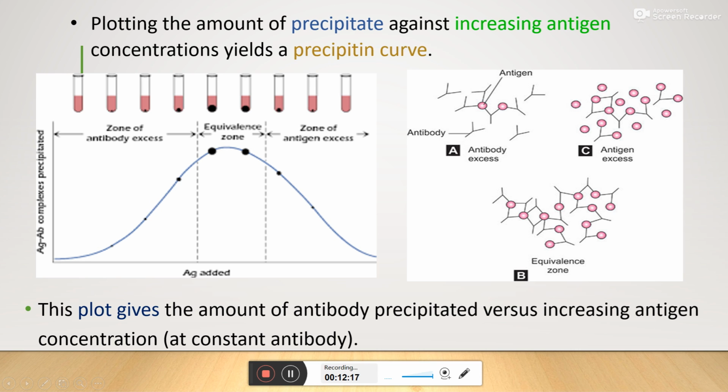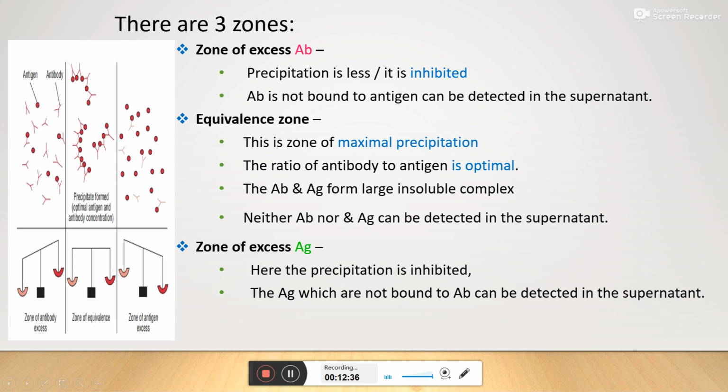So here excess antigens can be seen, whereas antibodies cannot be seen. So these are the three zones into which we can divide this precipitin curve.